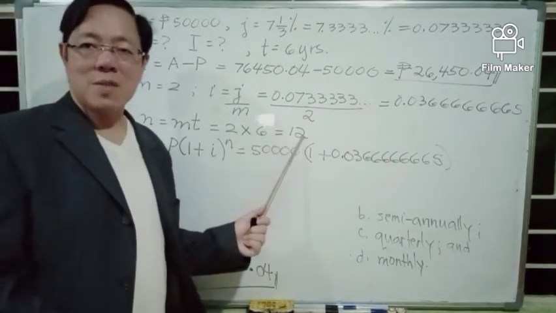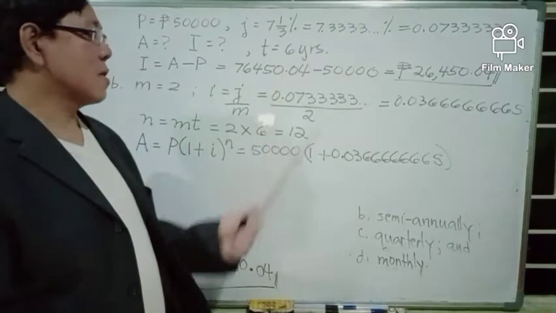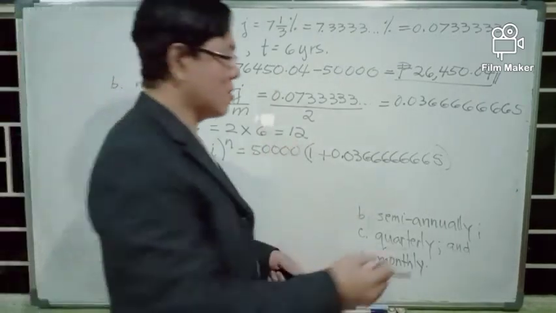The total number of times that interest will be computed for 6 years is 12. N is 12.